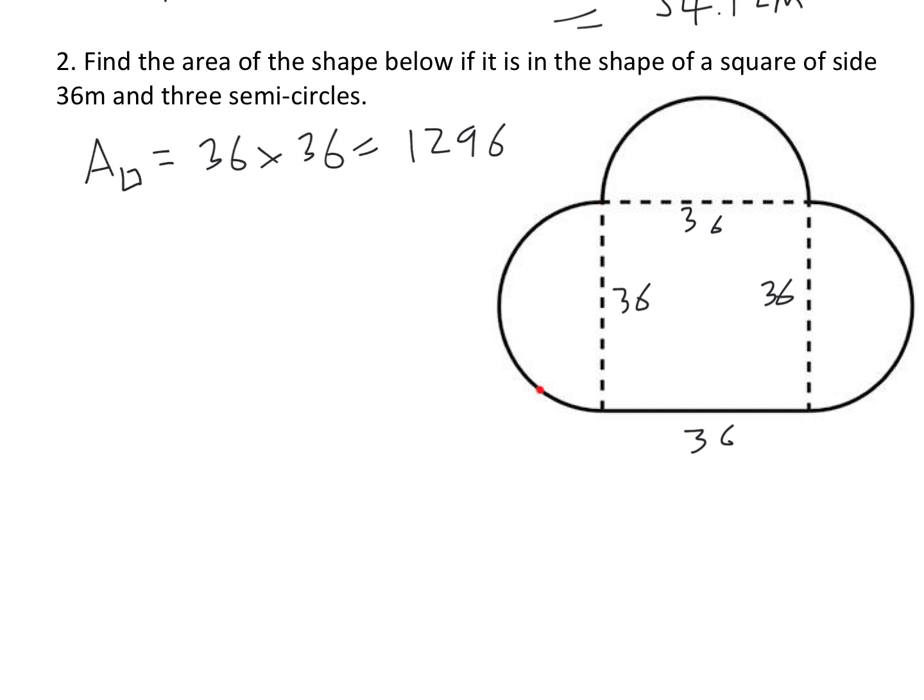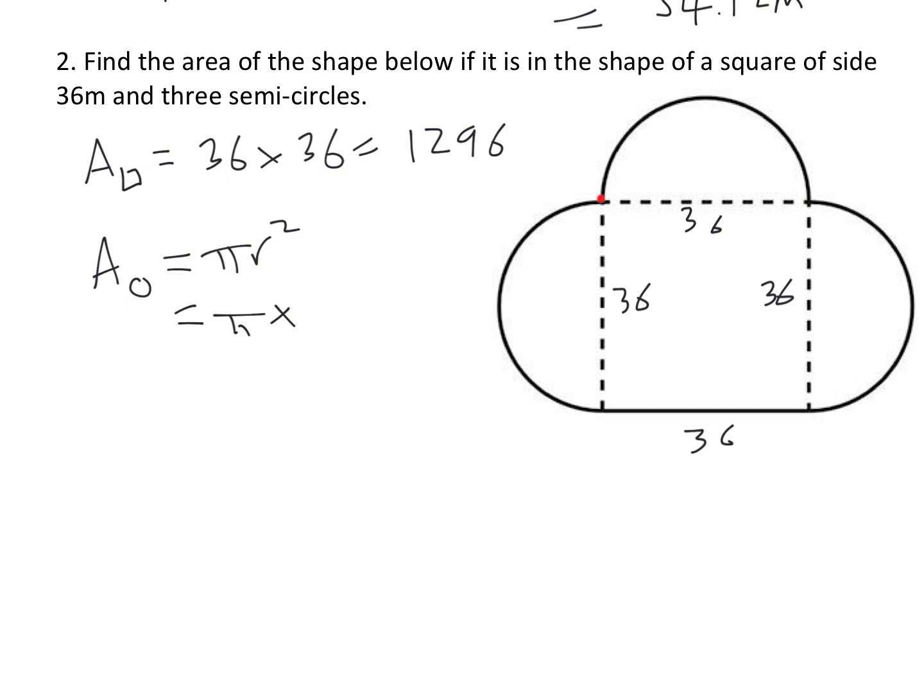Now we've got these semicircles. Let's forget about the fact that they're semicircles for a minute. Let's just look at one as a full circle. How do we find the area of a full circle? Area of a circle is pi r squared. So pi multiplied by the radius. What is the radius of that circle?